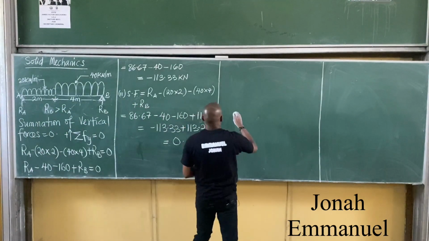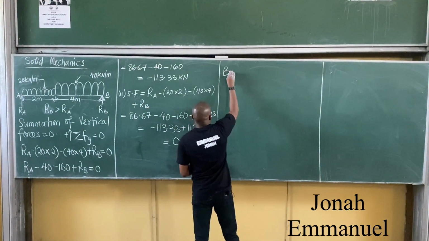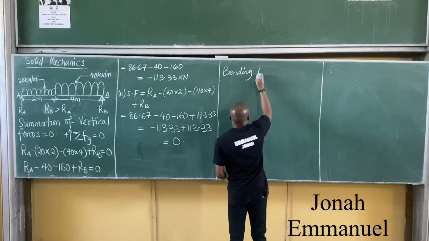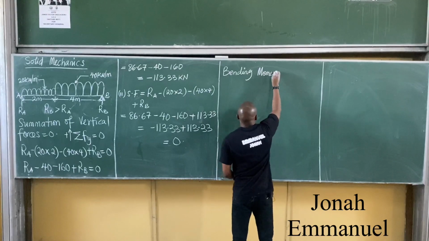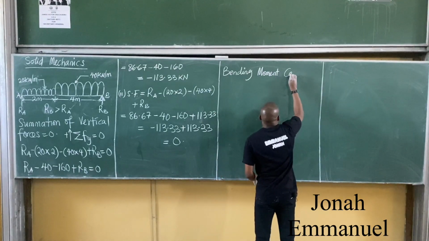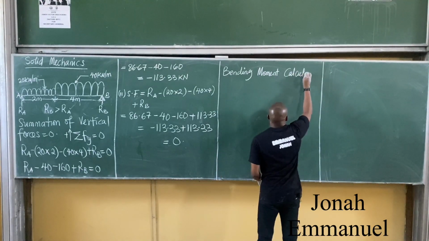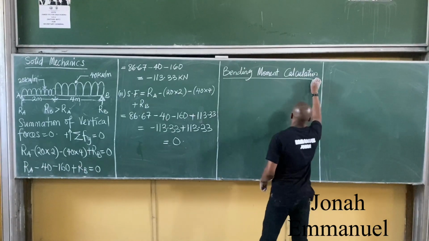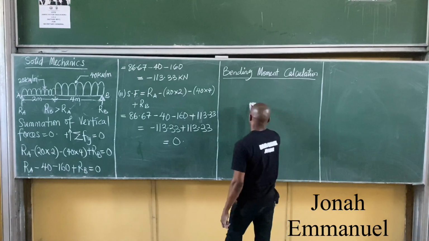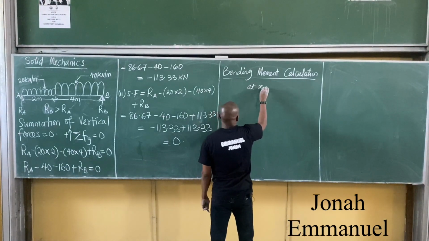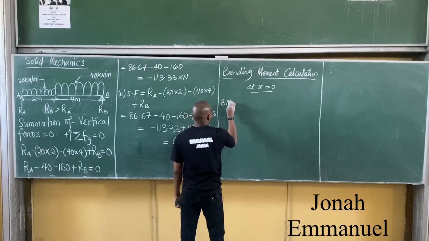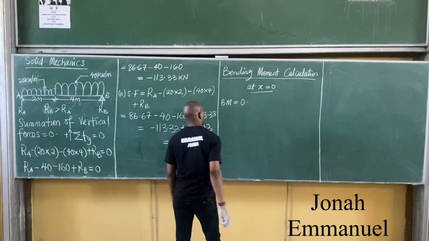Next up, bending moment calculation. Of course, first up, at x equal to 0, my bending moment is what there? 0.